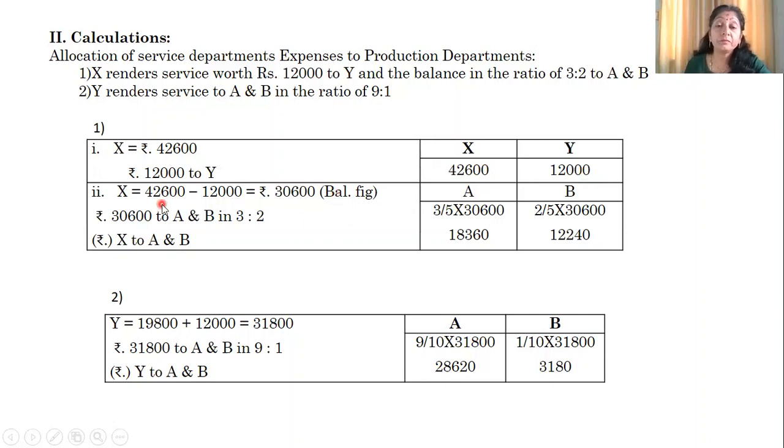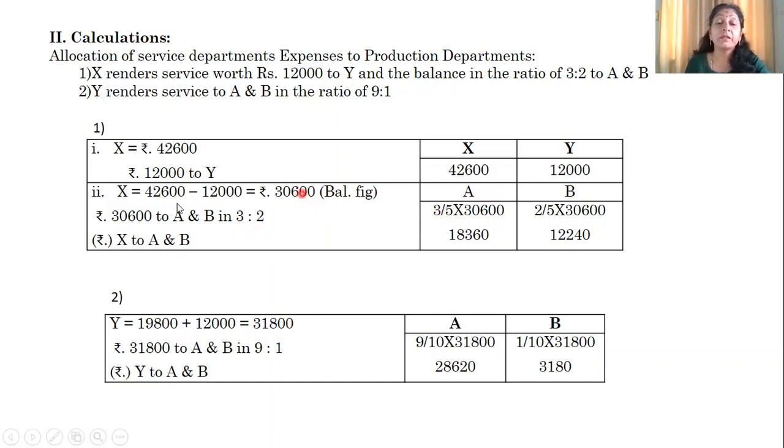We already have 42,600. This 12,000 we have to deduct from the 42,600. We get the portion of X as 30,600. This 30,600 is allocated to A and B in the ratio of 3:2. Three divided by five into 30,600.